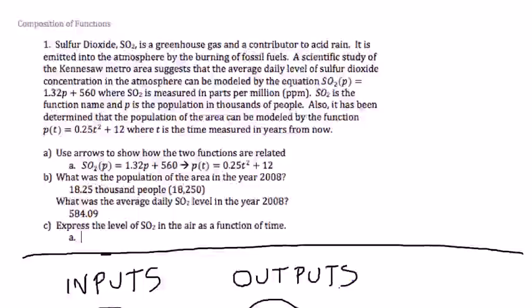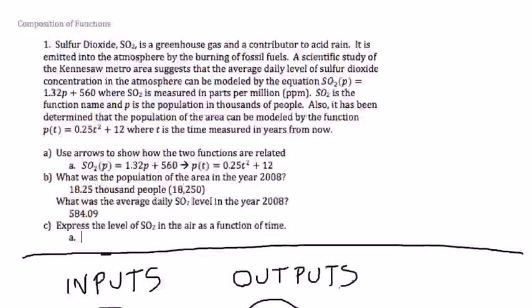A scientific study of the Kennesaw metro area suggests that the average daily level of sulfur dioxide concentration in the atmosphere can be modeled by the equation SO2 of P equals 1.32 P plus 560. It goes on to say that a function P of T equals 0.25 T squared plus 12, where T is the time measured in years from now.